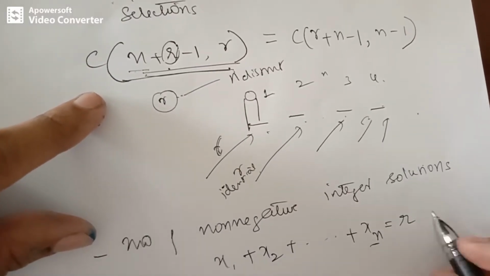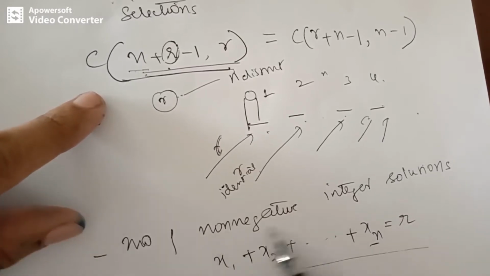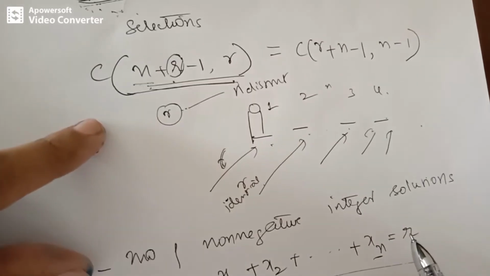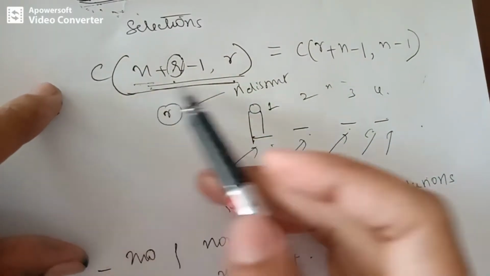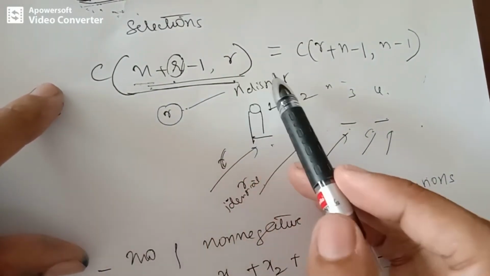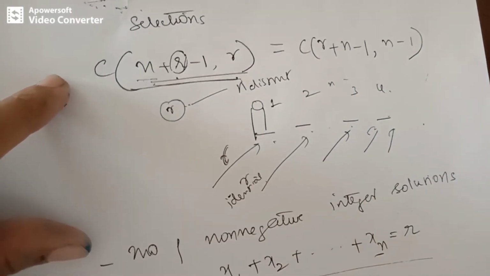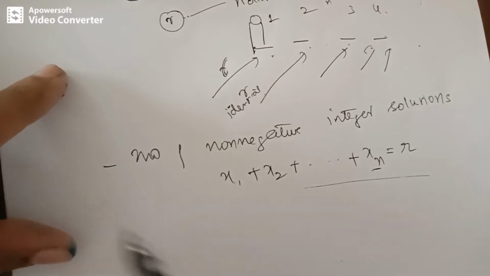If this equation is given, how do you find the number of non-negative integer solutions? It is by application of this formula itself, C of n plus r minus 1 comma r, which is C of r plus n minus 1 comma n minus 1. Now let's look into some problems.